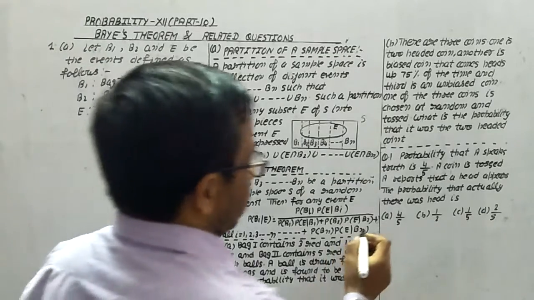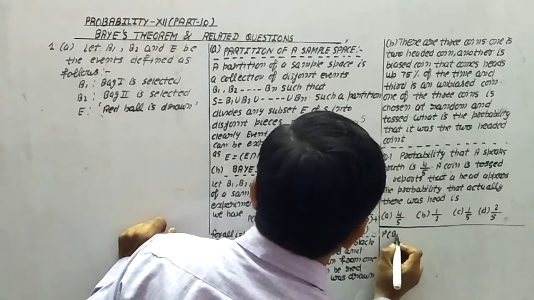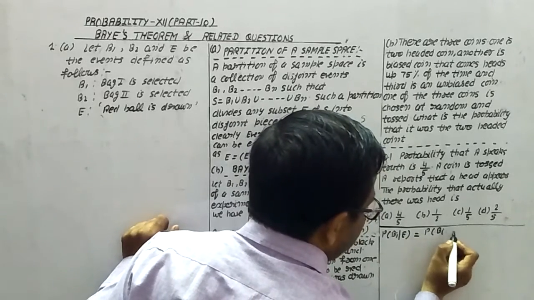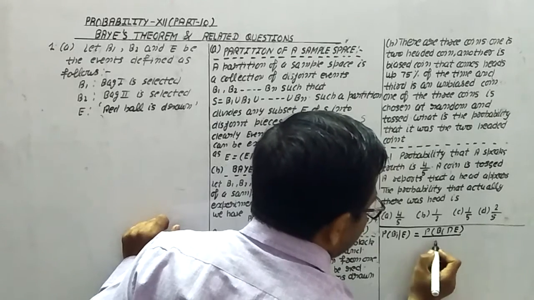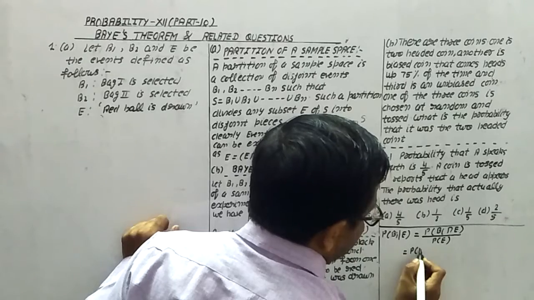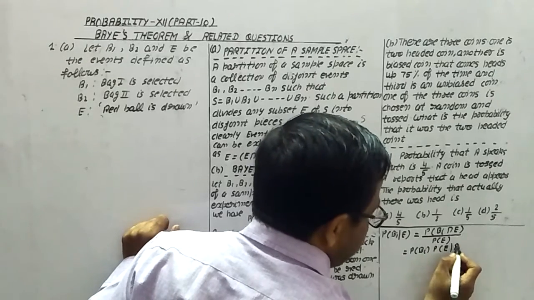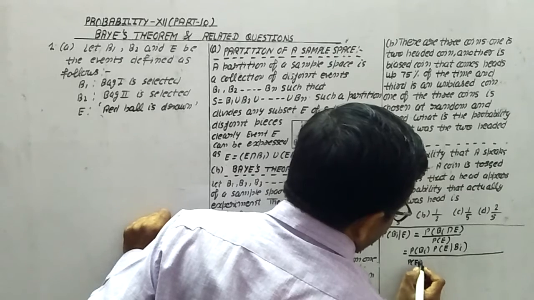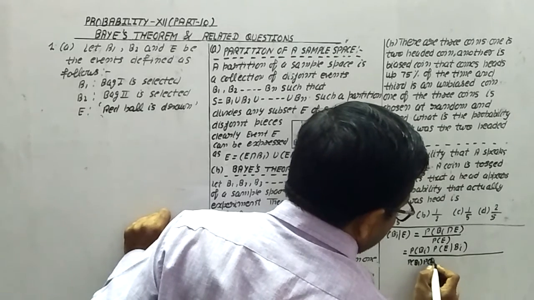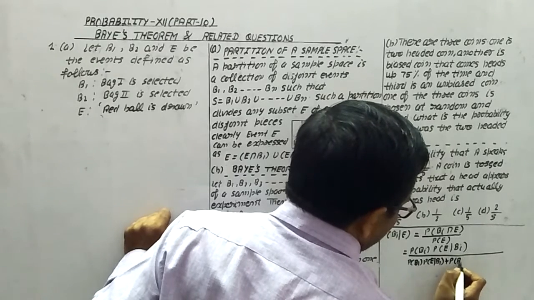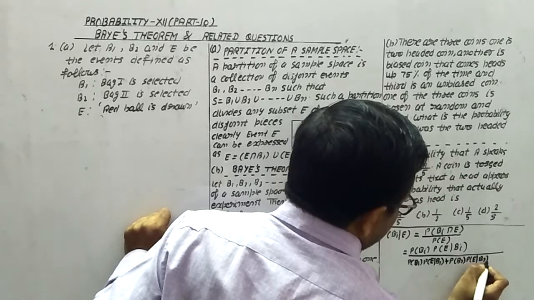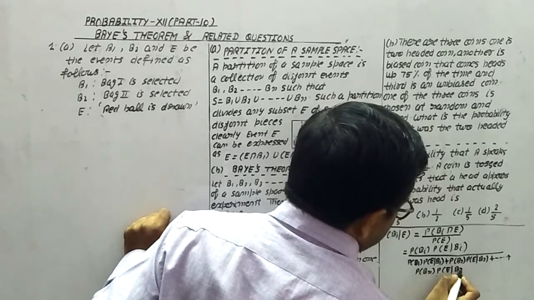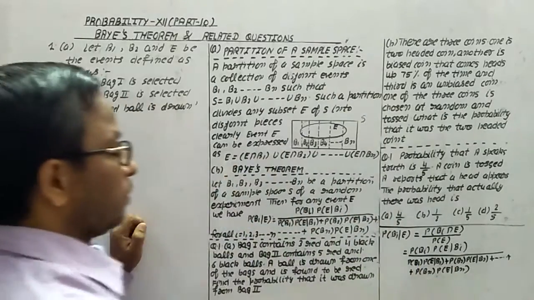But in this part, because we have to find out probability of Bi upon E, we can simply use the conditional probability: probability of Bi intersection E upon probability of E. Bi intersection E means probability of Bi into probability of E when Bi has already happened, upon probability of E, which as we did in the theorem of total probability is probability of B1 into probability of E when B1 has already happened, plus probability of B2 into probability of E when B2 has already happened, and so on, plus probability of Bn into probability of E when Bn has already happened. So this is the concept behind this.